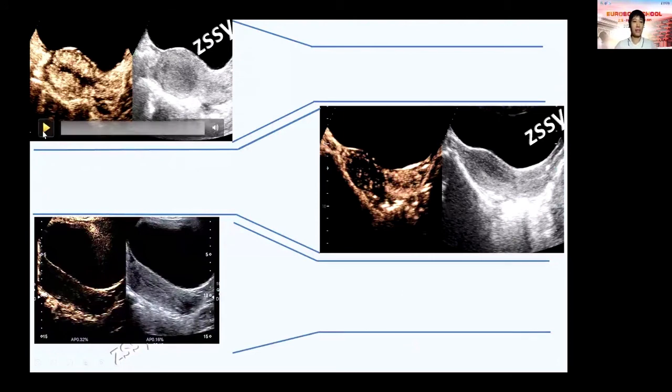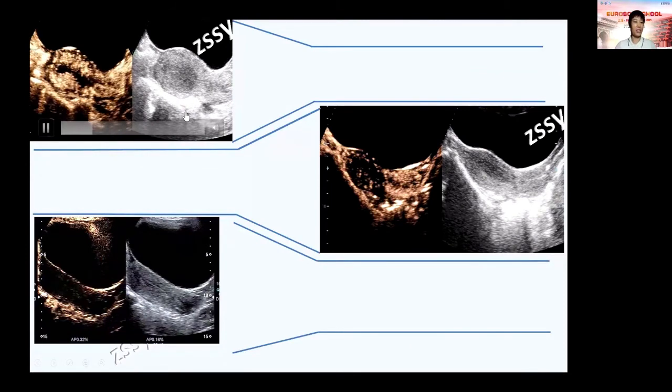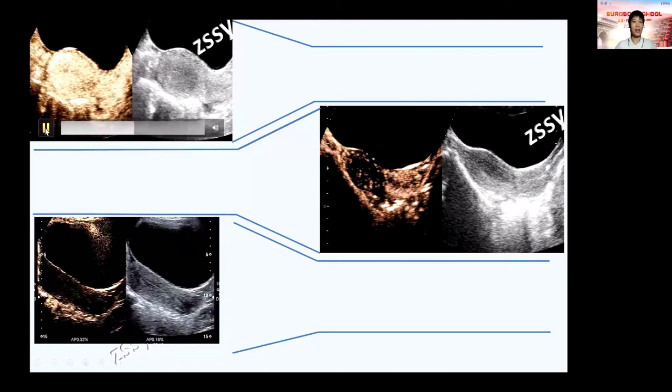In case D, there was no obvious abnormality in cervical morphology. It shows a uniform enhancement except for the small cervical polyps with hyperenhancement. I will show you again.